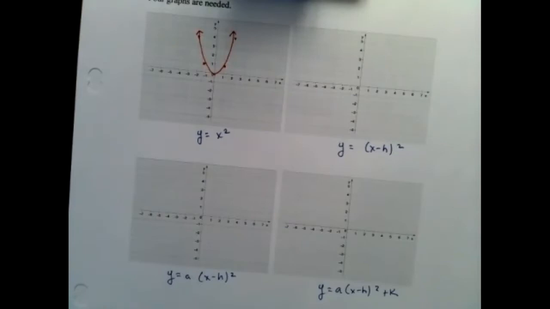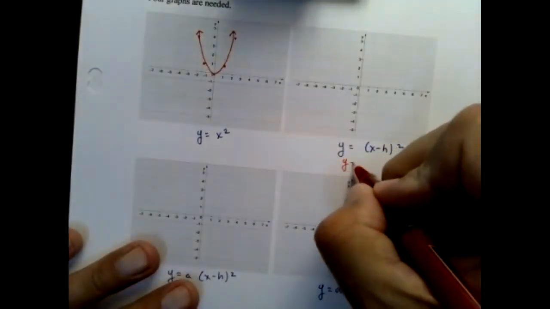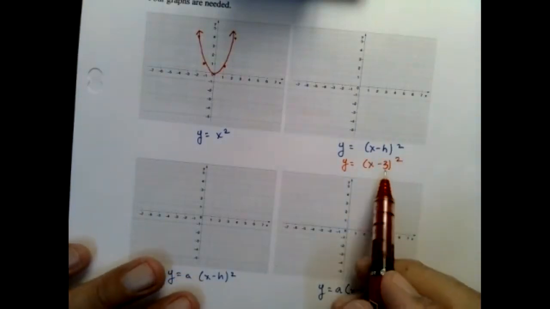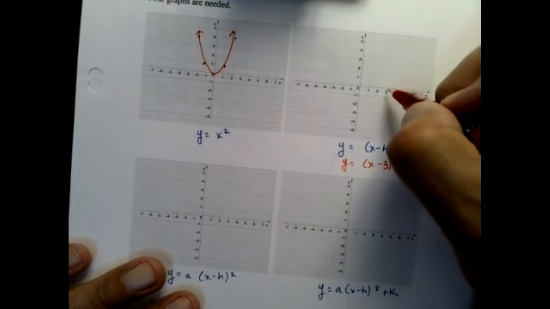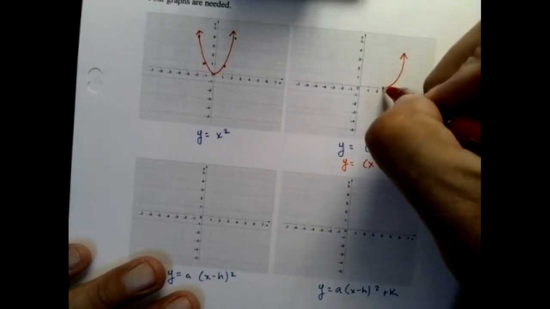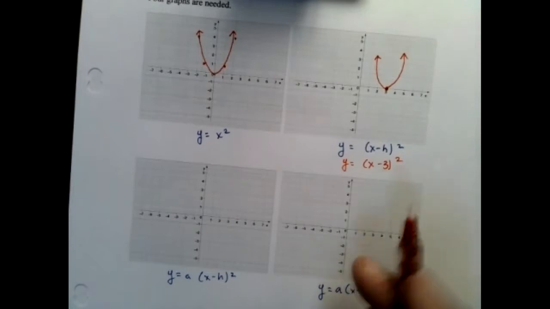This is called graphing by translations. Now my h, I had y equals x minus 3 squared, and h is positive 3, so everything is moved to the right 3. I did a horizontal shift. I moved everything to the right 3. The next one, my amplitude was 3, which means things are going to grow faster.